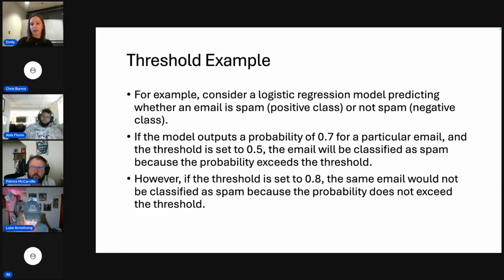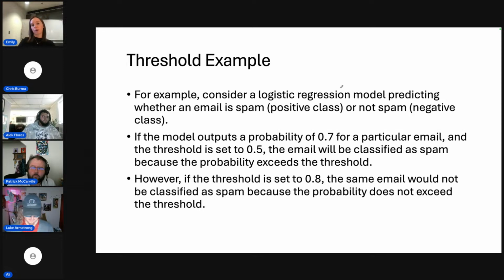Here we have an example. We have a logistic regression model that predicts whether an email is spam or not spam. If the model outputs a probability of 0.7 for a particular email, and the threshold is 0.5, 0.7 is greater than 0.5, so we do classify it as spam.